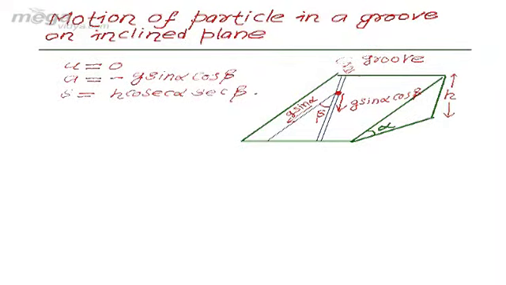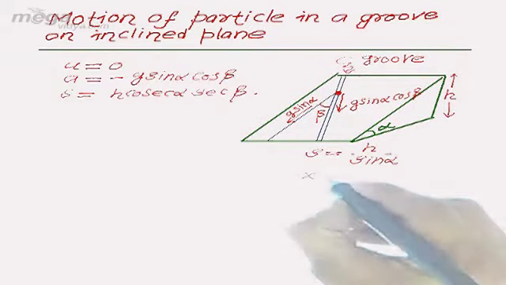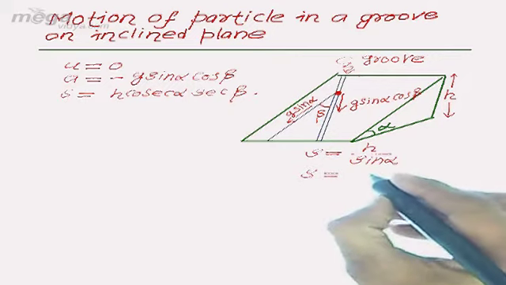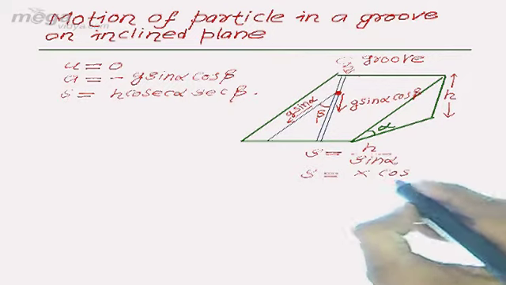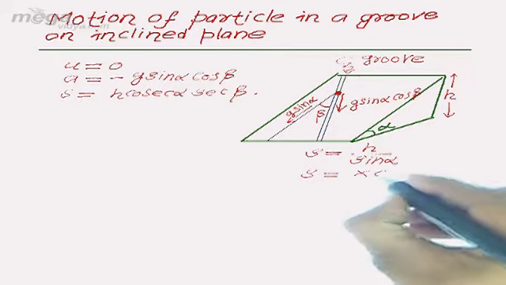How can we write this displacement? s can be written in terms of h as h upon sine alpha, and the component of this groove length along the line of greatest slope can be written as s, which is equal to x cos beta.